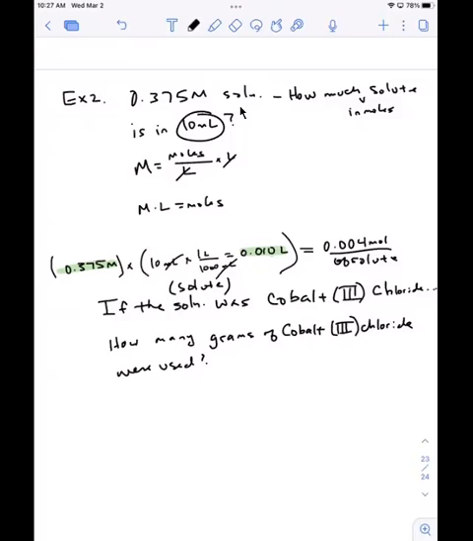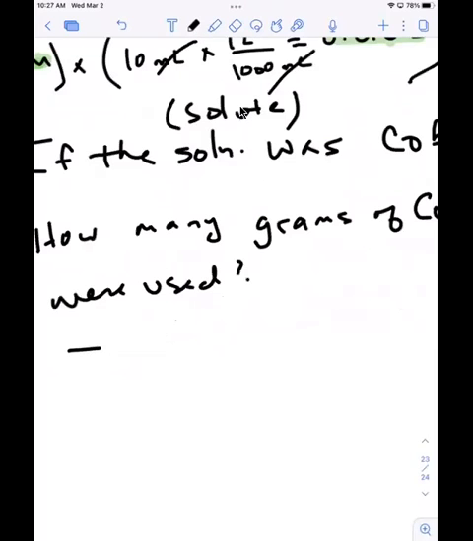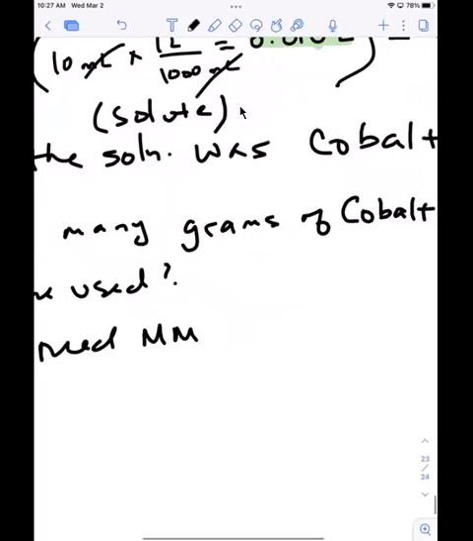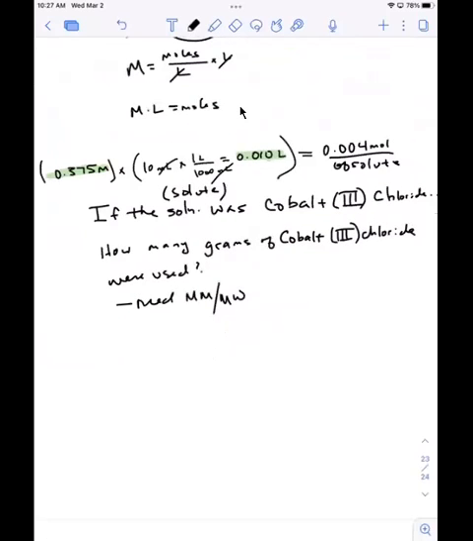Molar mass. Come on. We need molar mass, or molecular weight. How do we get that? We need the formula, don't we? For cobalt 3 chloride. Is that right? Yes. All right. Somebody give me that formula.